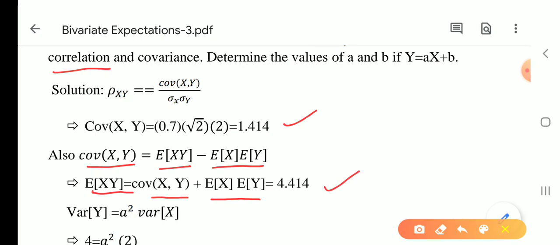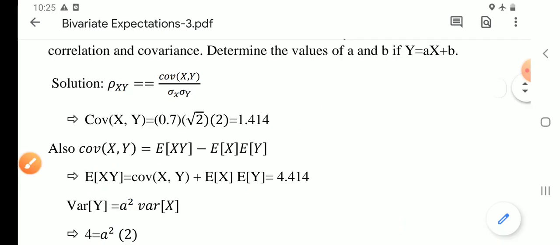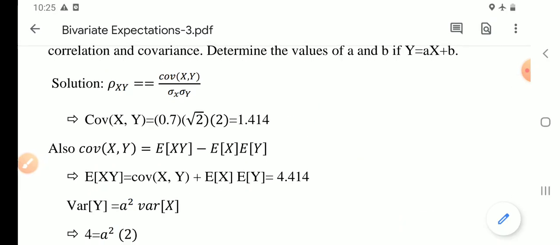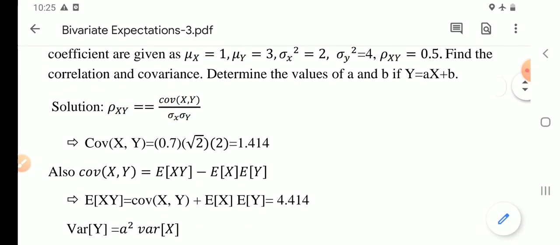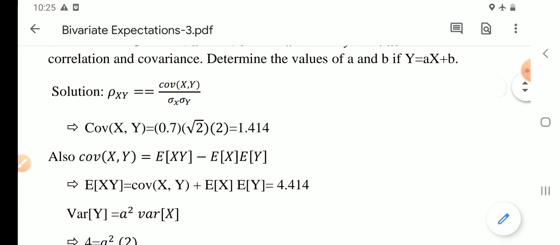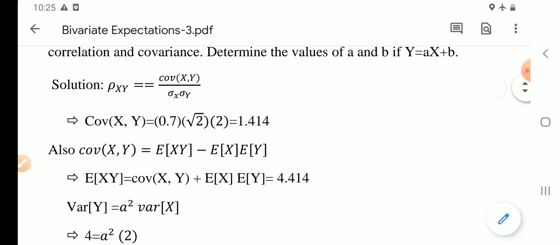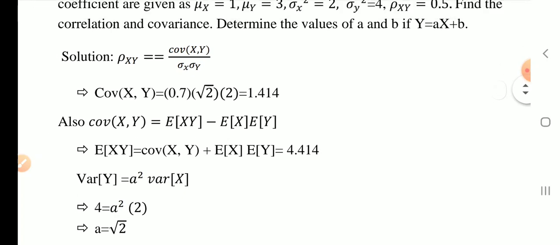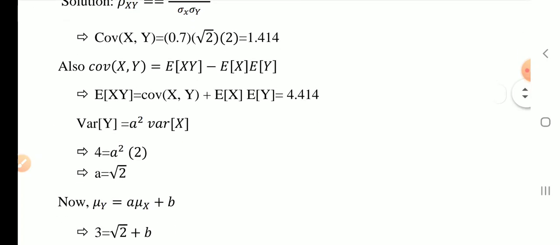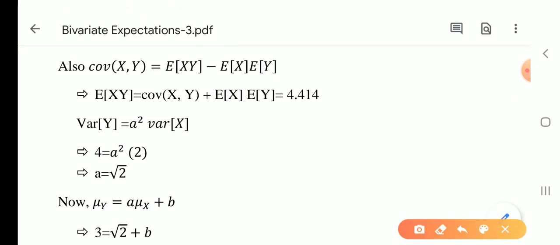Next, they have asked us to find the value of a and b. To find the value of a and b, first we will use the formula variance of y is given by a square into variance of x.